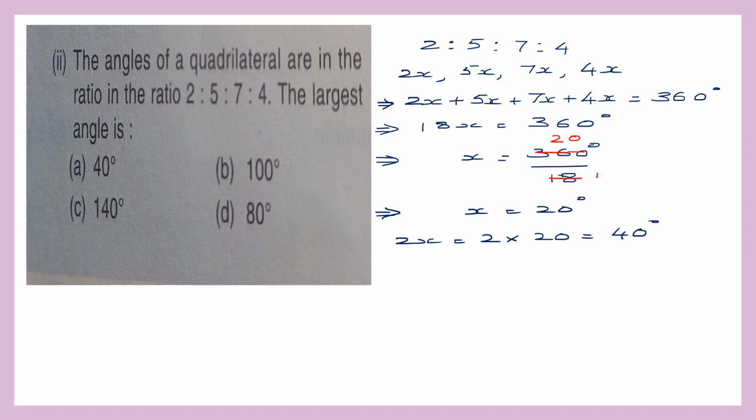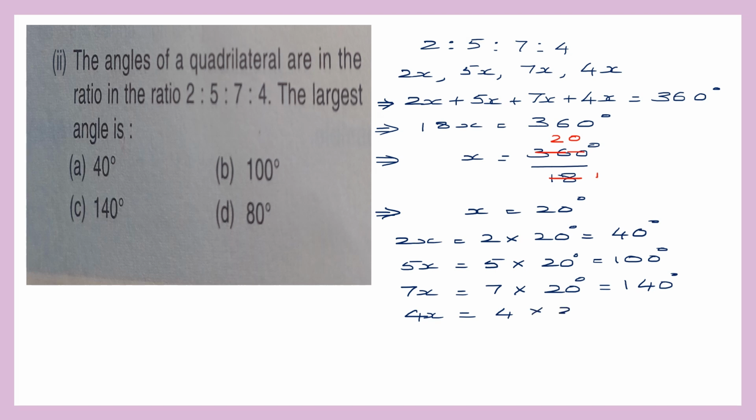The second angle is 5x, that is 5 into x and x is 20 degrees. 5 into 20 is 100. Next angle is 7x, which is 7 into 20 degrees, which is 140 degrees. The next angle is 4x, which is 4 into 20 degrees. 4 into 20 is 80.